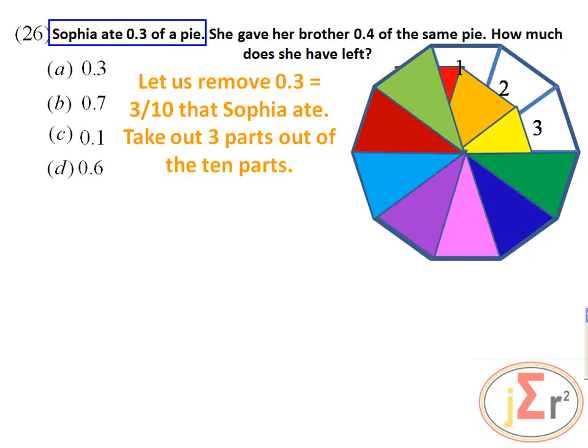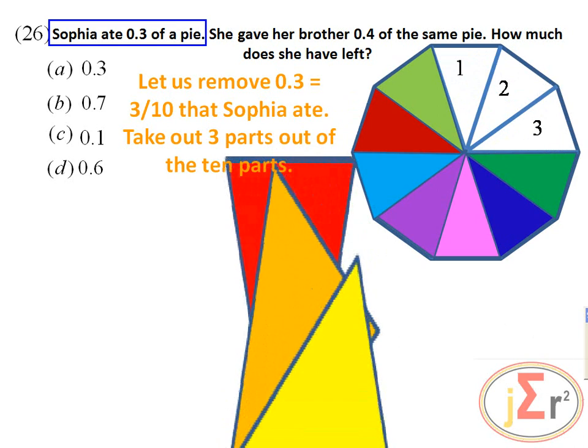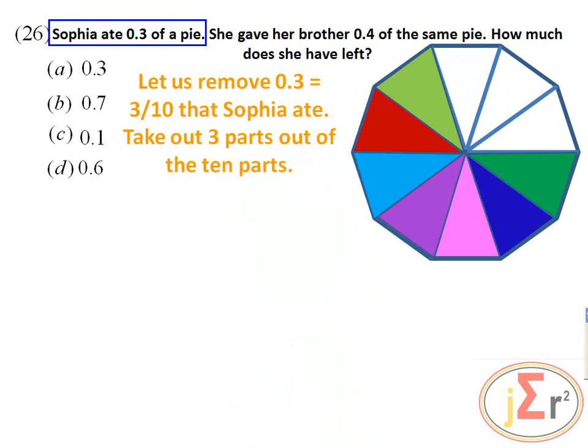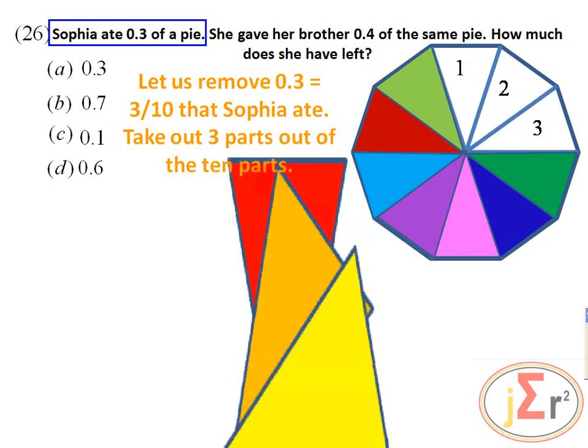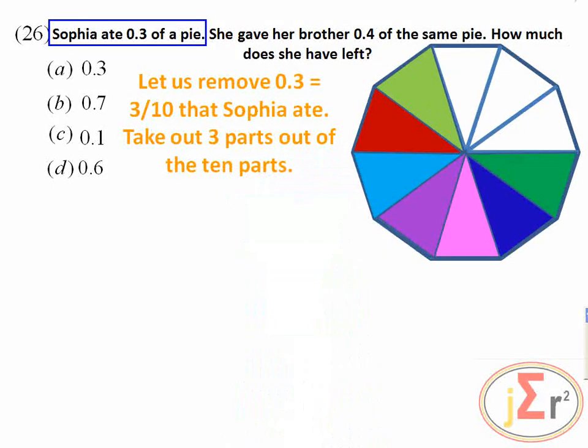So 1, 2, 3. Sophia ate 3 parts of the pie. 3 out of 10 are 3/10. So she has gone with all of those pieces of the pie, all 3 of them.